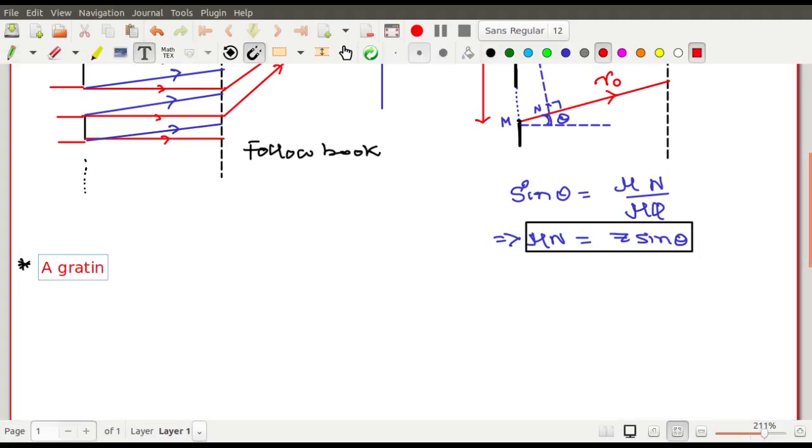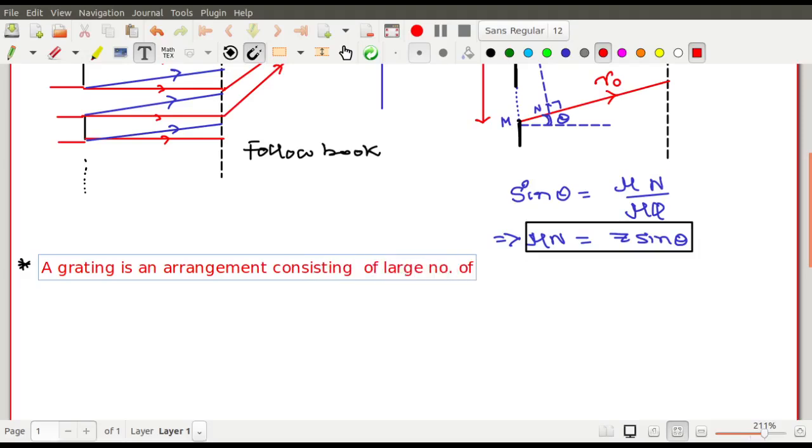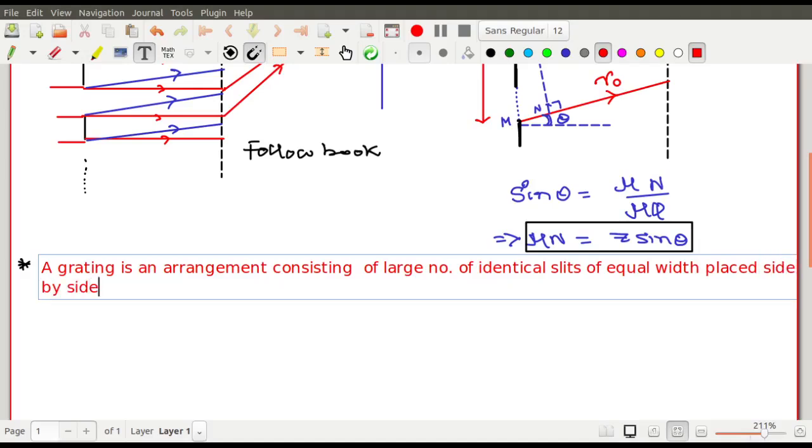A grating is an arrangement consisting of a large number of identical slits of equal width placed side by side, and separated by an opaque space.